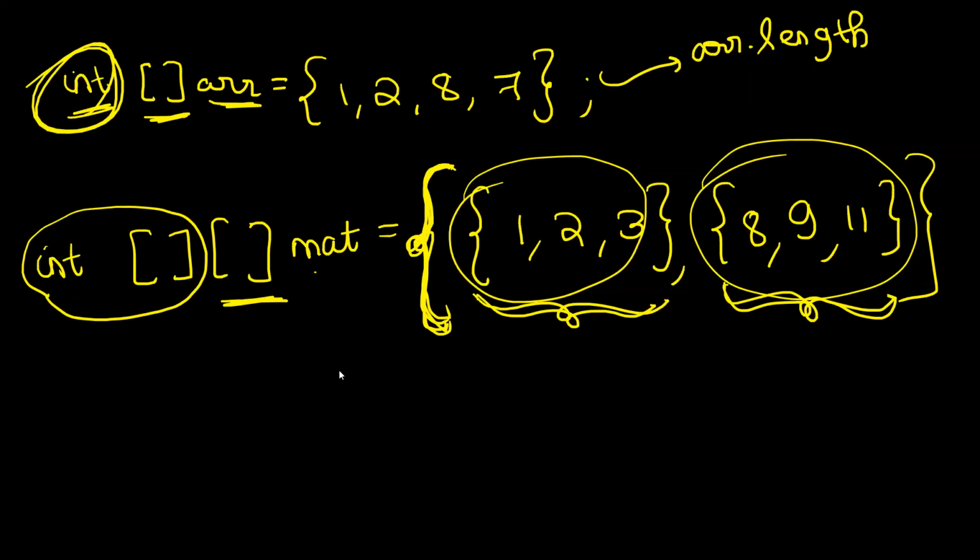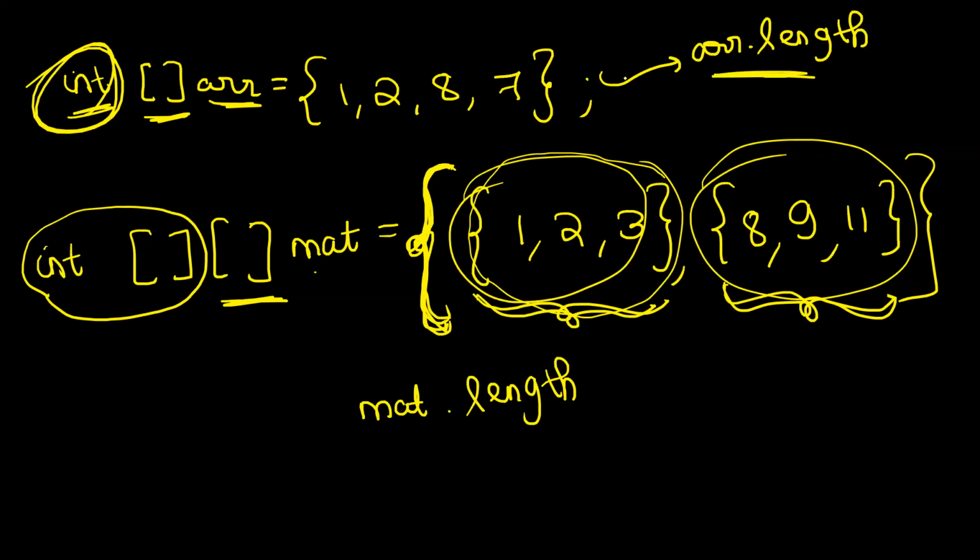So if I do mat.length, what will it give me? It will tell me how many 1D arrays you have inside your 2D array. Do you all agree? When you did an ARR.length, it was telling you how many integers you had in your 1D array. When you do a mat.length, it will tell you how many one-dimensional arrays you have inside this array.